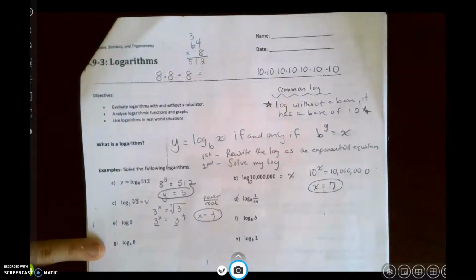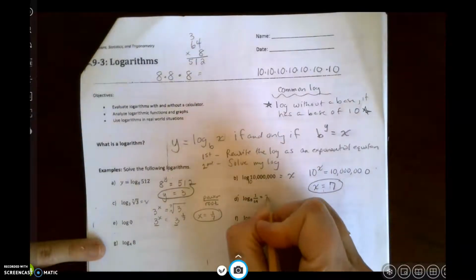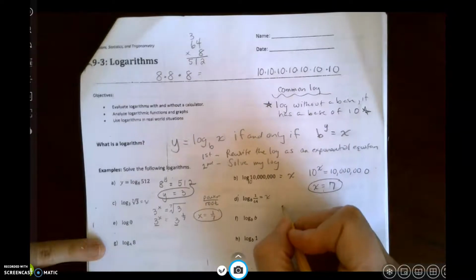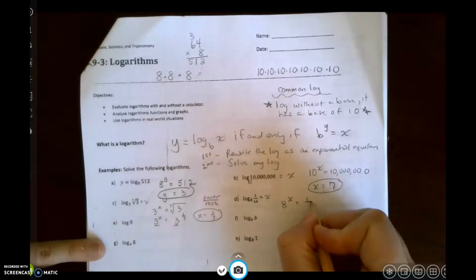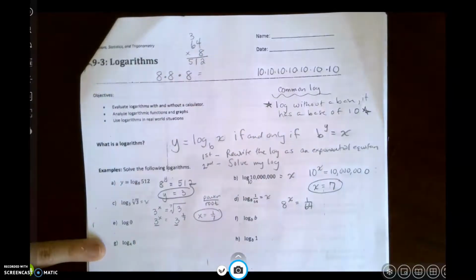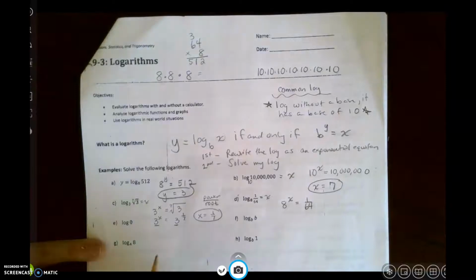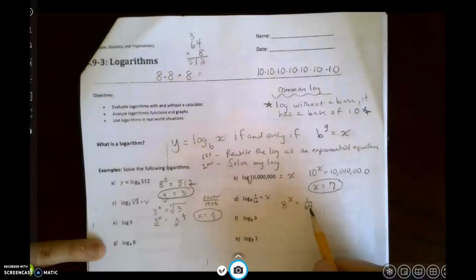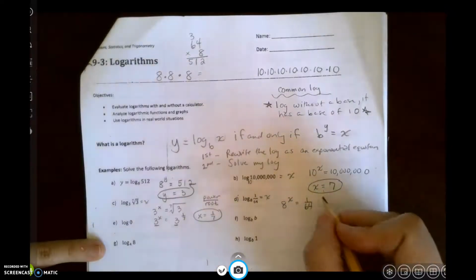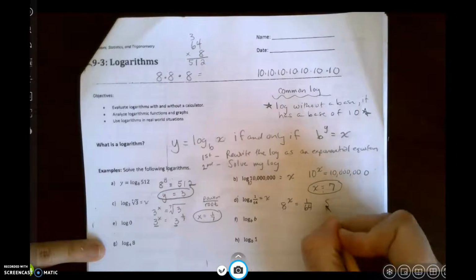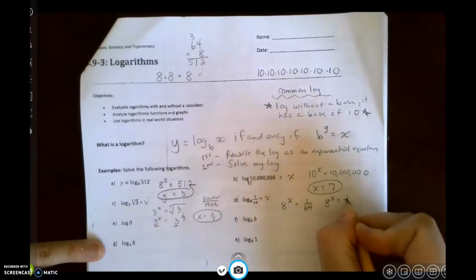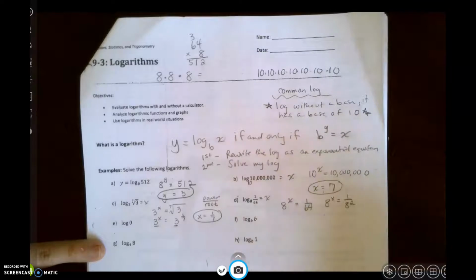Let's go on to letter D. Equals x. I'm going to rewrite it as an exponential equation. 8 to the x equals 1/64. Well, just like here, when I'm solving an equation, I need them to have the same base. So I'm going to rewrite this using the same base as this. I'm going to rewrite this as 8 to the x equals 1/8 squared.